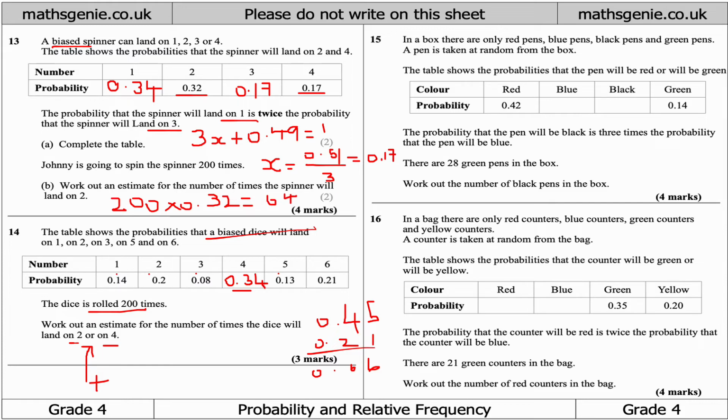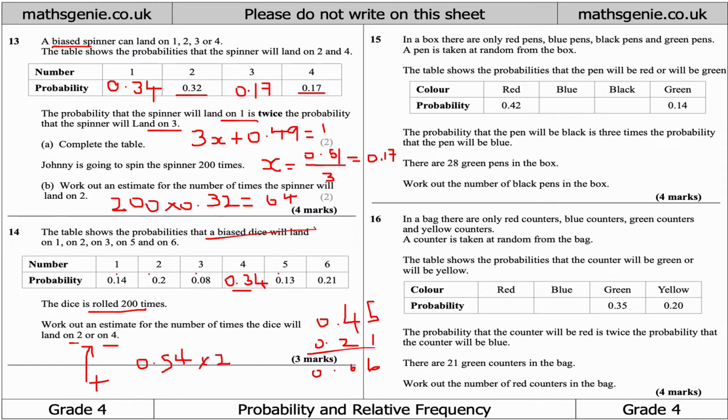So for the estimate for the number of times it lands on a 2 or a 4, I do 0.2 plus 0.34, which is 0.54, and then I multiply that by 200.